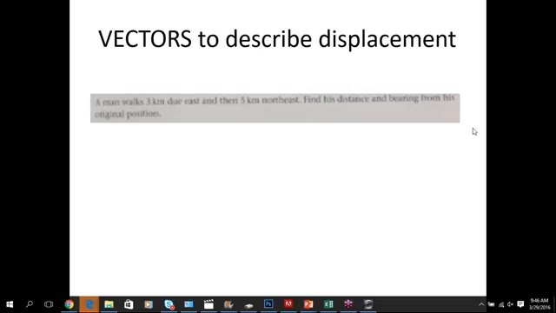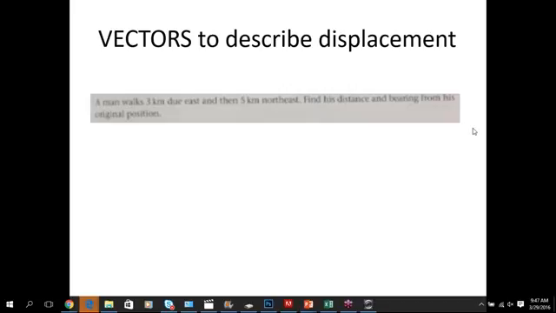Velocity is a vector quantity. Velocity has a speed and direction. Speed is the scalar part of it, just the magnitude, how big it is. But you've got a speed, and you've got a direction, and then you've got a velocity. So vectors are like straight lines, which we use to describe displacement.